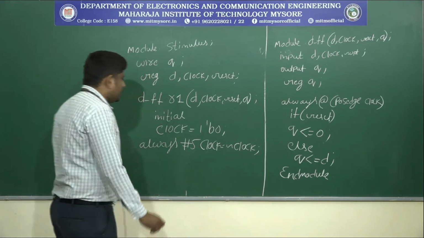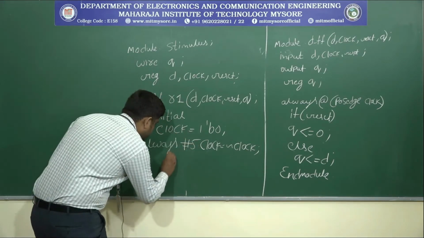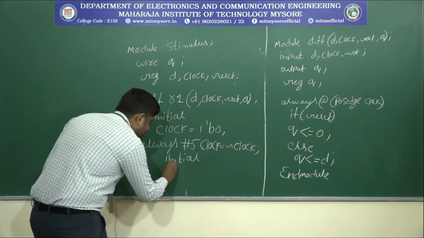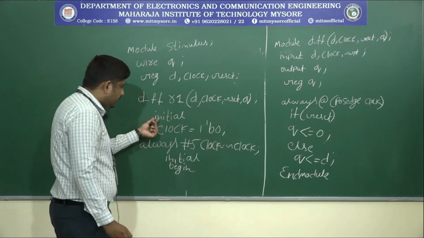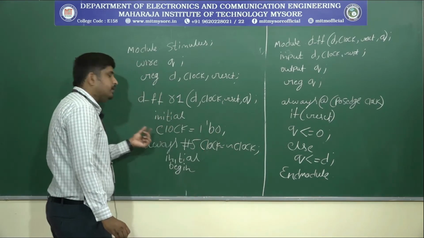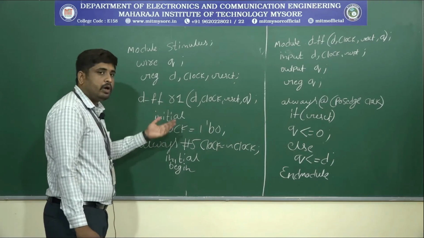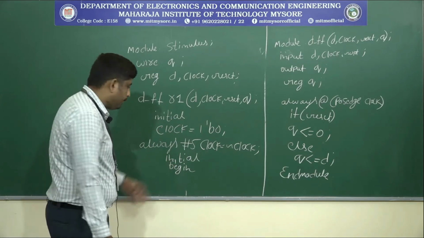After this I have to mention the reset operation. Again we are using initial, so we should use begin. Why should we use begin? Because initially we have to apply one data, that is clock is equal to 0 only. When we apply two or more data, that time we should use begin.